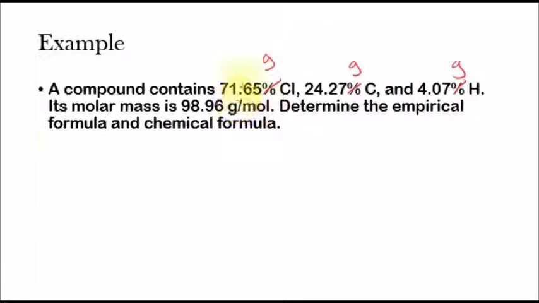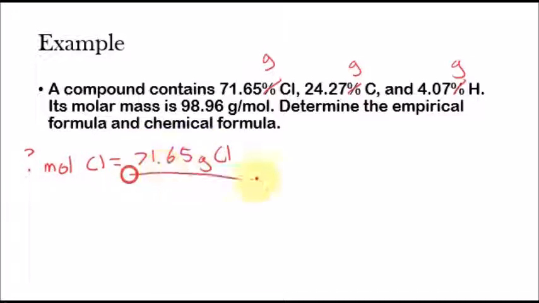First, let's do chlorine. We want moles of chlorine, and what we are given is 71.65 grams of chlorine. If you remember our first video on calculations using the mole, this is going to come in.